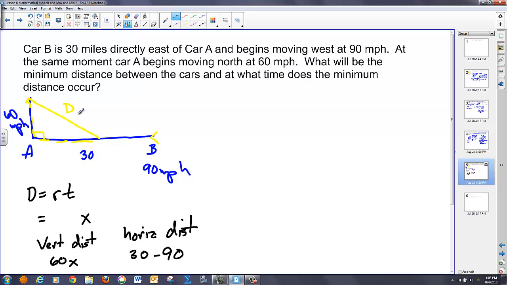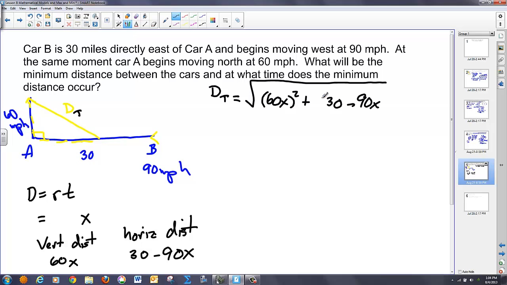My total distance, let's call this dt, my total distance apart is going to be given by that Pythagorean relationship, or the square root of 60x, that's the vertical distance, squared, plus the horizontal distance, 30 minus 90x, quantity squared, and that will give me the distance apart.